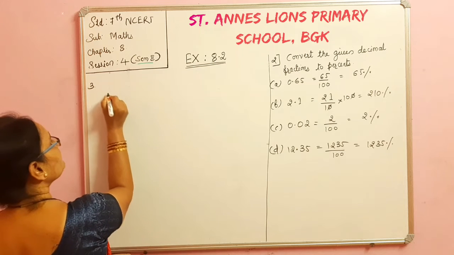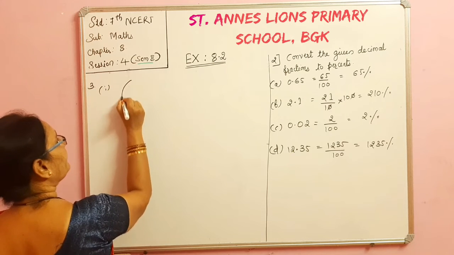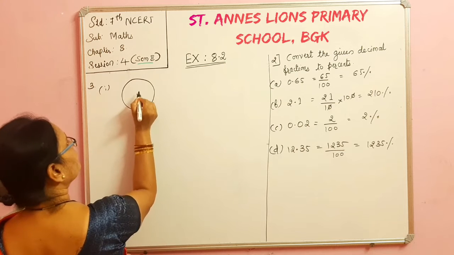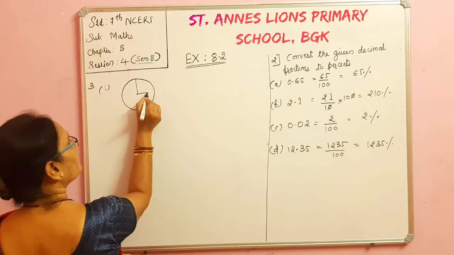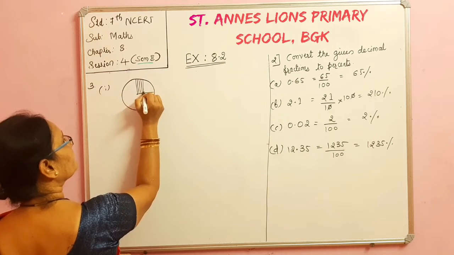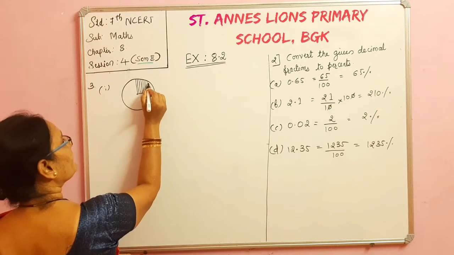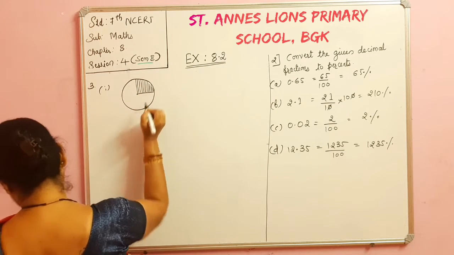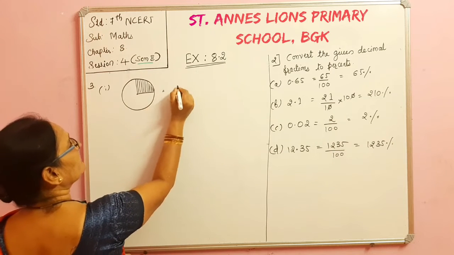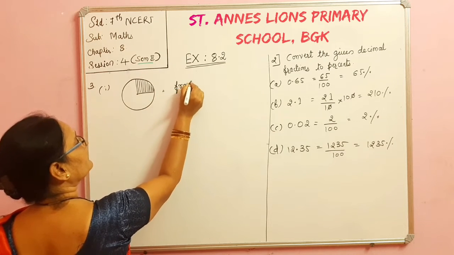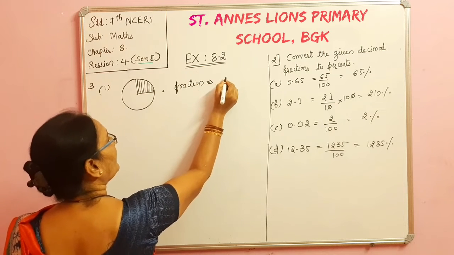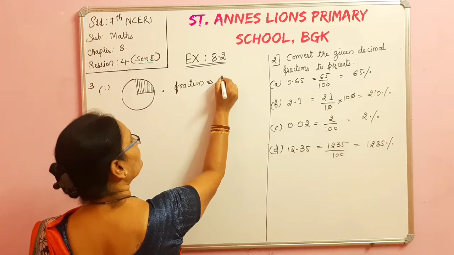Now the first one, I will draw here. See, this is one part. This is shaded here, colored it is. What is the part of the figure that is colored? Fraction is 1 by 4.